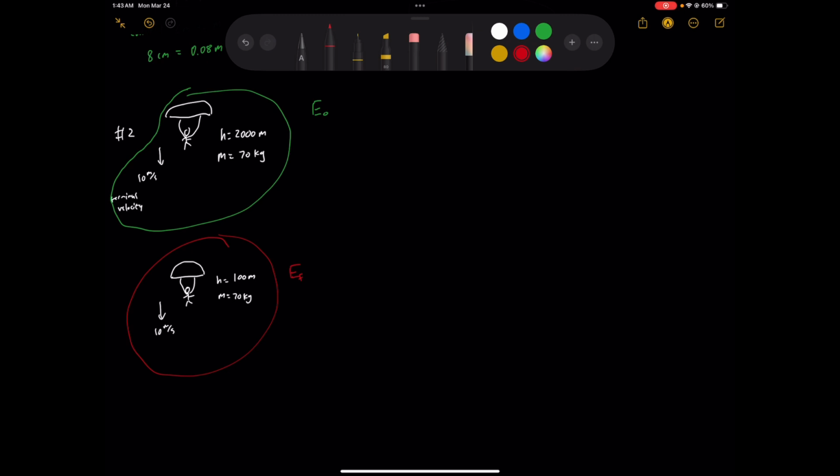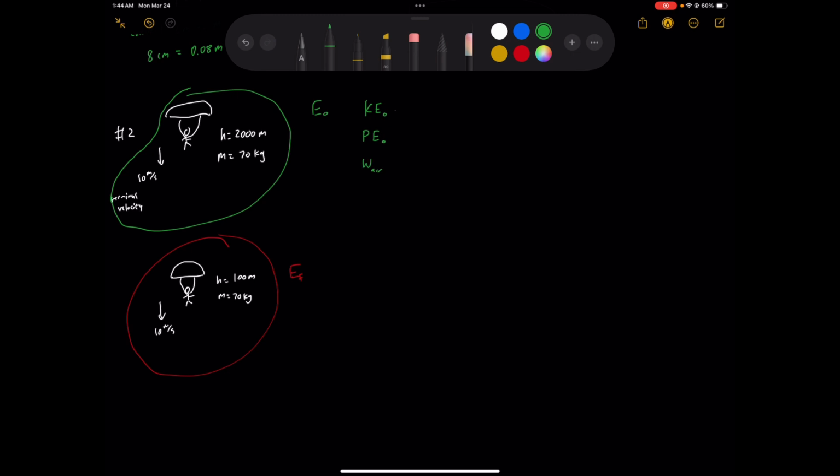So for this problem, all you need to do is specify how much energy he has and see how the energy is split up. We're going to look at his initial kinetic energy, his initial potential energy, and the work done by the air resistance.